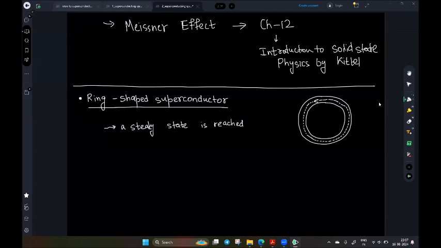Next, I can write the magnetic field as the curl of the vector potential. And so if I now integrate around a closed loop around the ring, as you can see in the picture, this is the closed loop, and S is the area that is formed by this loop.